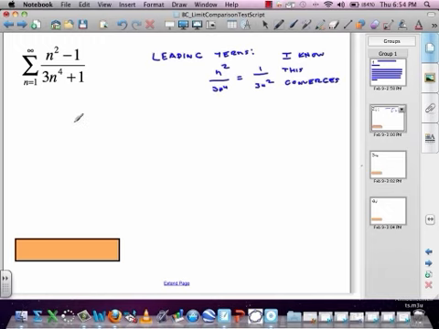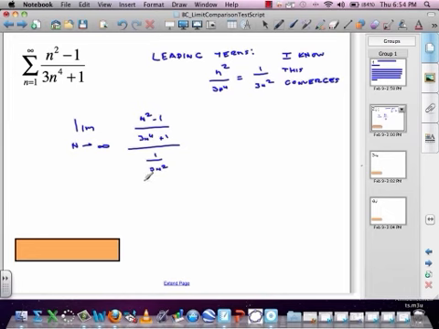So what does the test say to do? Well, it says take the limit as n goes to infinity of the ratio of your two series, and it doesn't matter which is the numerator and which is the denominator. It will not matter. So I'll do n squared minus 1 over 3n to the fourth plus 1, all divided by 1 over 3n squared.